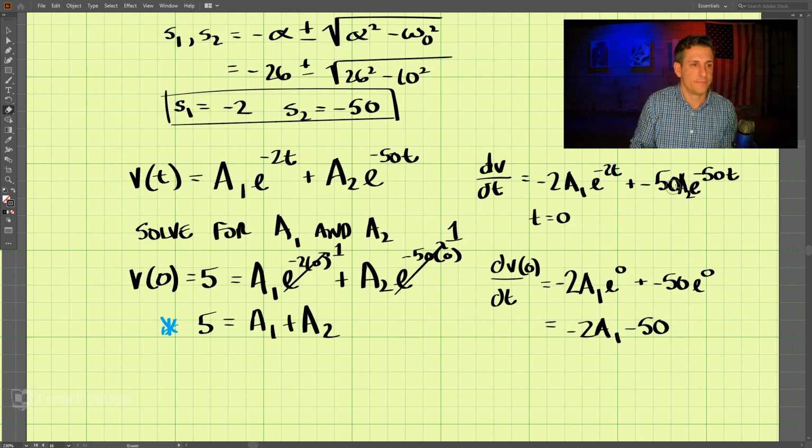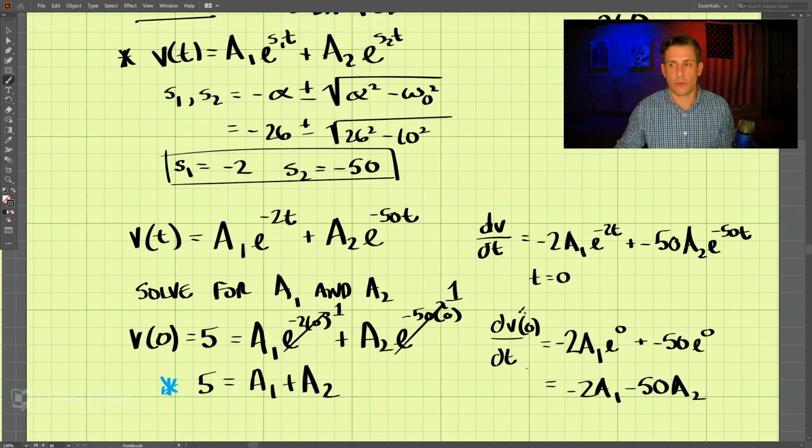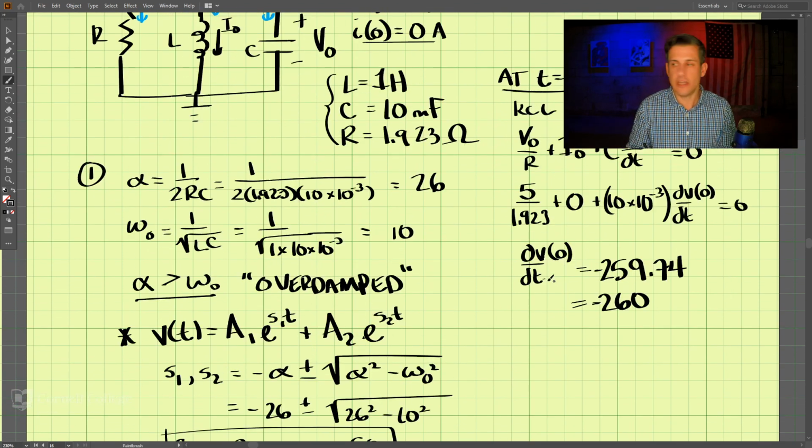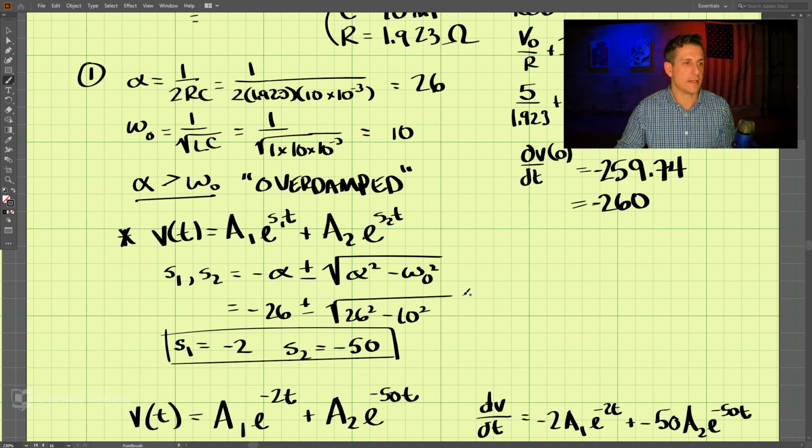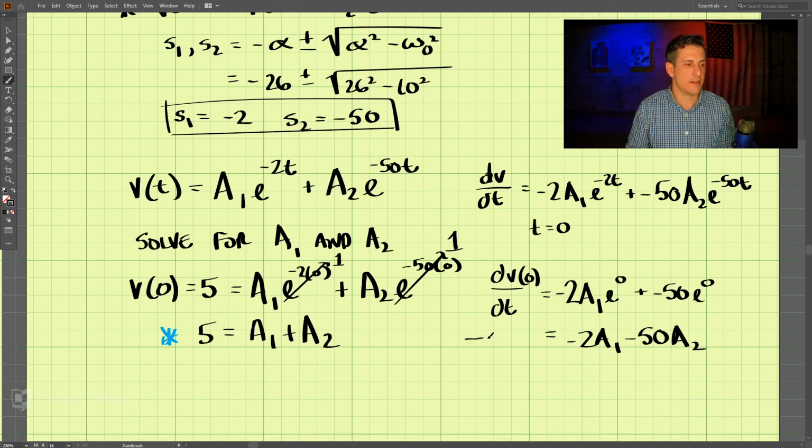Let's correct that. My mistake. A2 e to the negative 50t. Okay, so then we have A2 here. And we know that this value here, because we just found that value, is equal to negative 260. So negative 260 here. And that is our second equation.